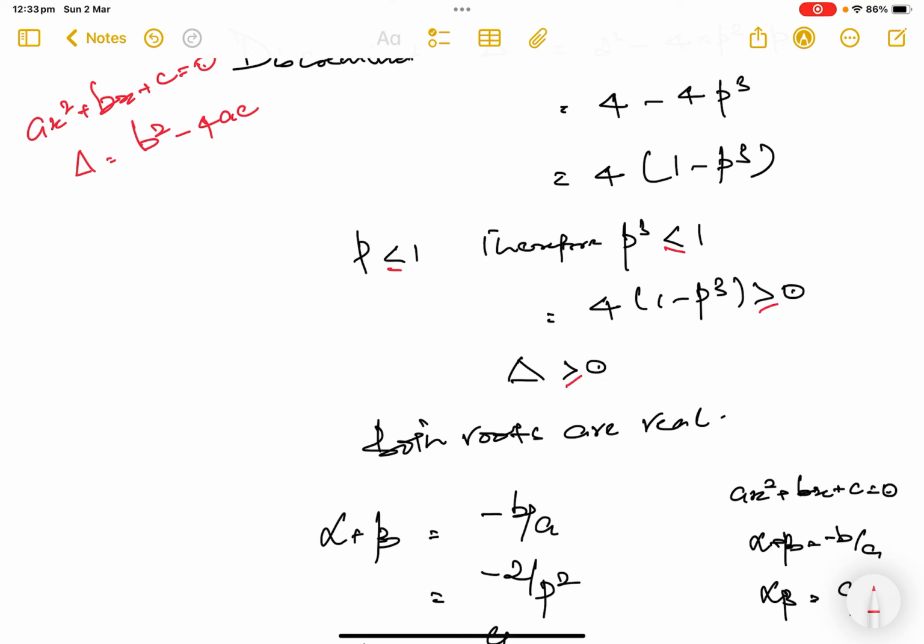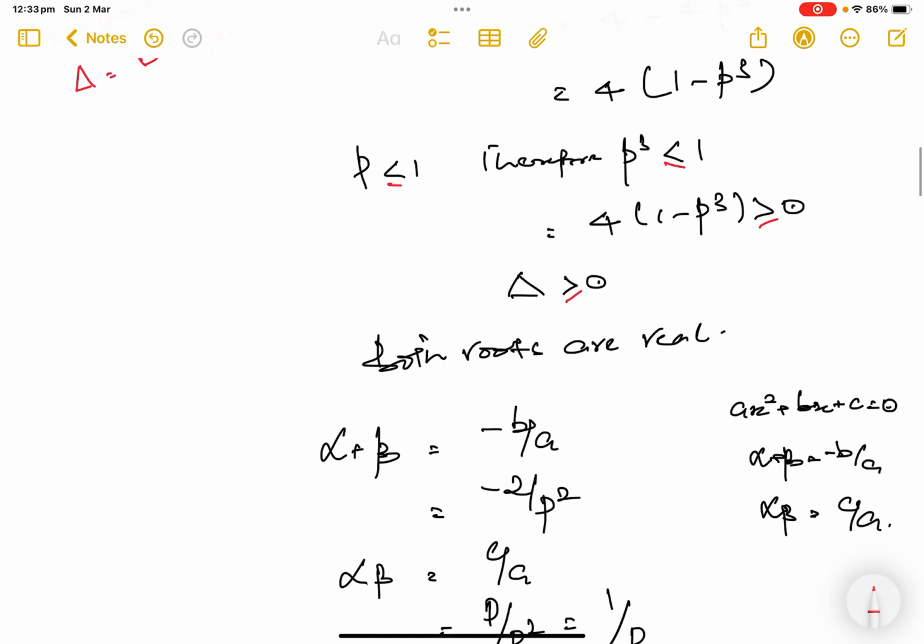So the discriminant is greater than or equal to 0, therefore both roots are real. They could be different reals or the same; we didn't go into that. We just want to prove both are real, because the discriminant is greater than or equal to 0.